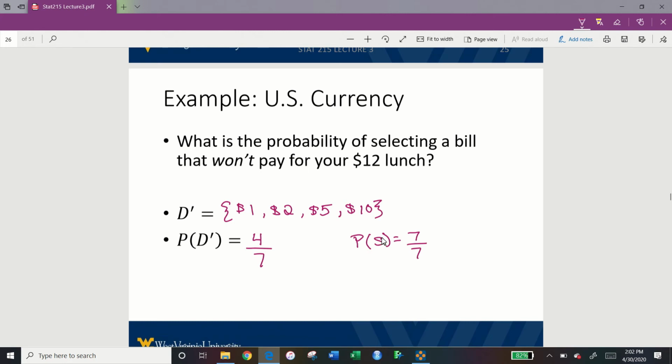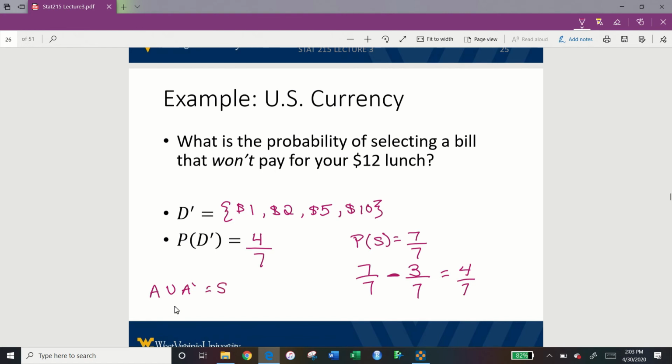So if we subtract from our 7 out of 7, the probability of the sample space, the probability of event D, that will give us our result. This highlights the rule of the complement. If we think back, we learned that the union of A and its complement equals the sample space.